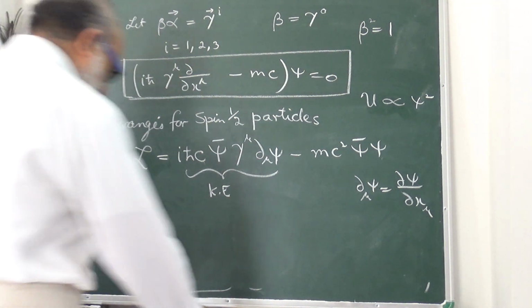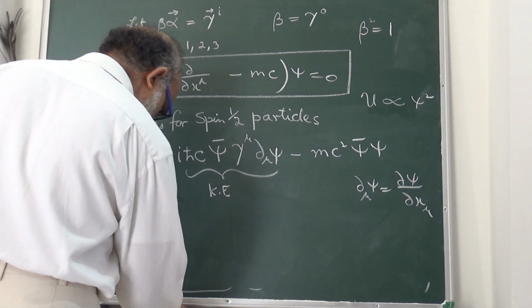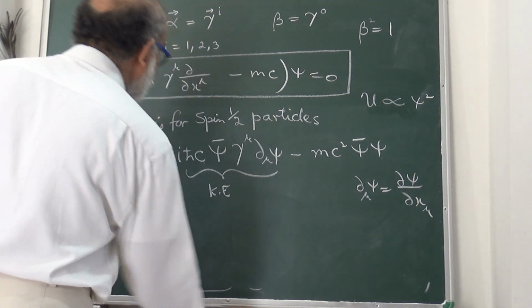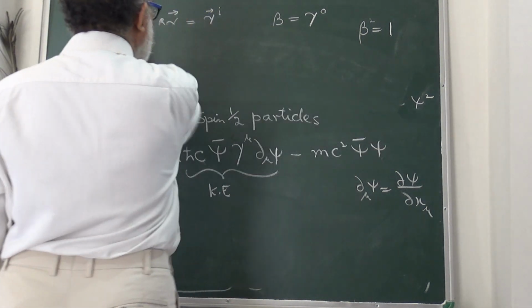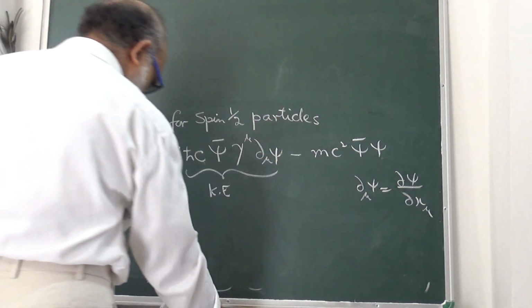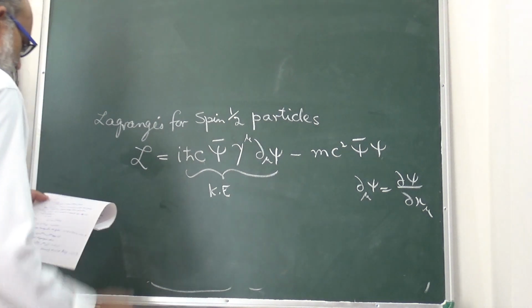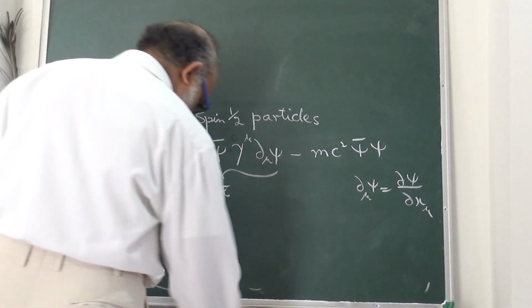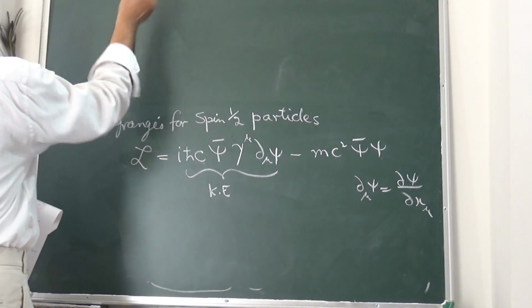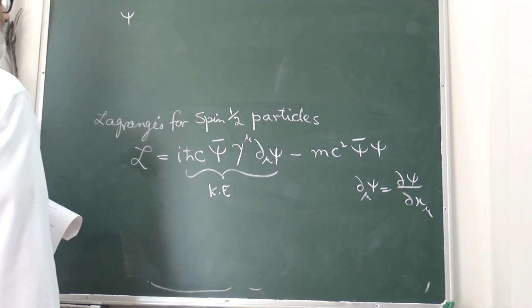Now, so this is our Lagrangian for spin half particles. Suppose this is the field function psi.